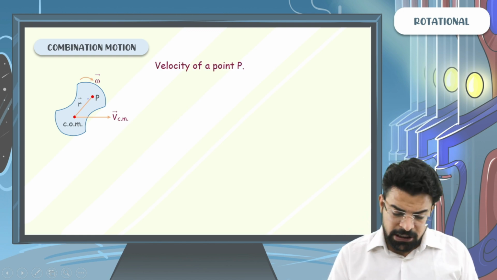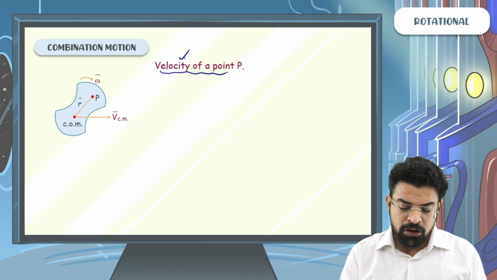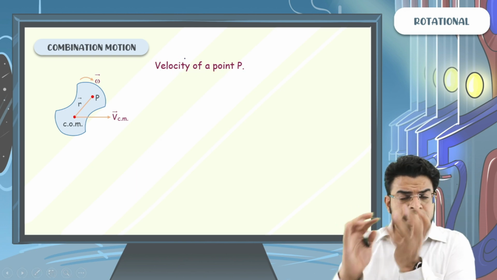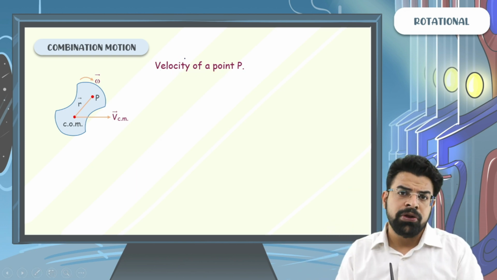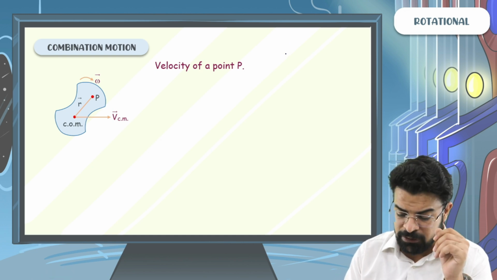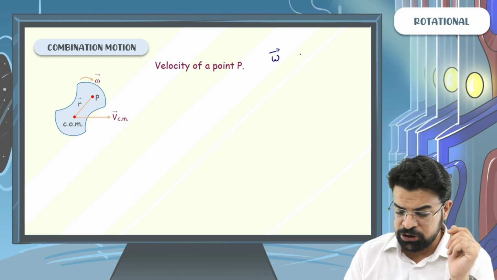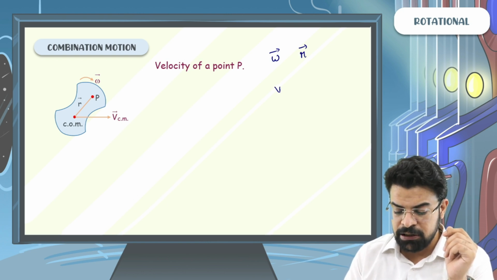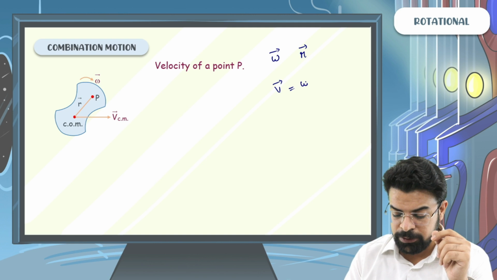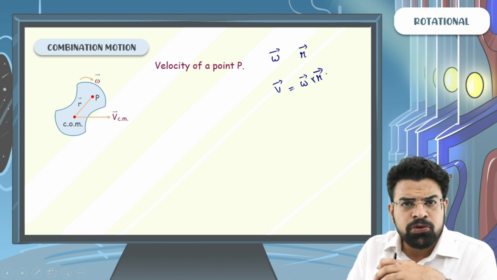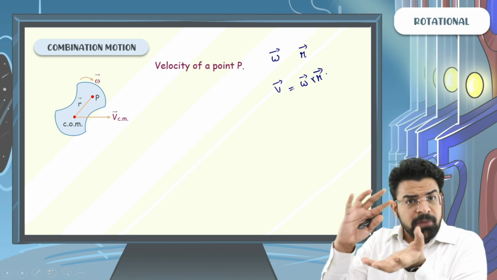You will say this point P will have velocity because of both translational motion as well as the rotational motion. In circular motion, we have learned that if the particle has got angular velocity omega and its position vector is r, then the speed of circular motion comes out to be omega cross r. Understand the combination motion to be a combination of translational and rotational.